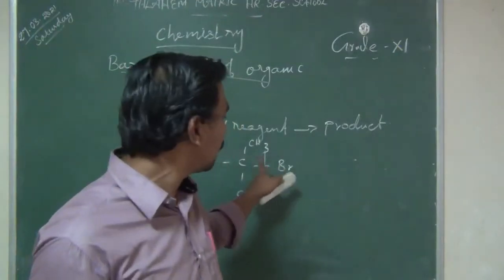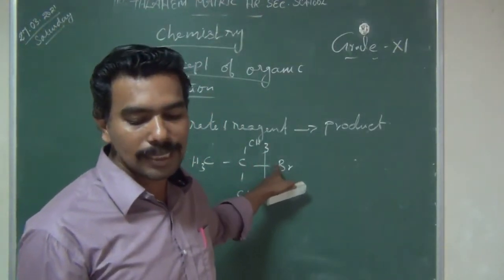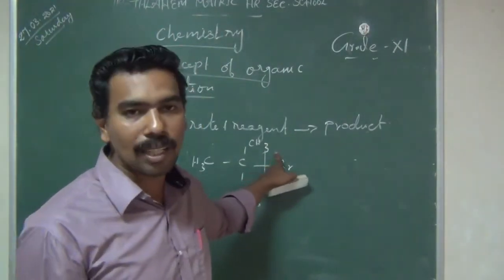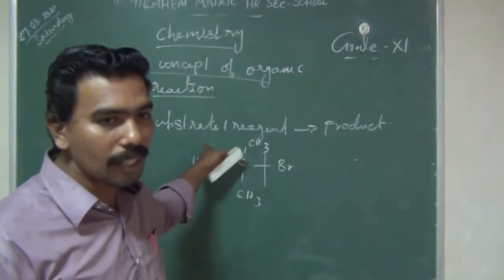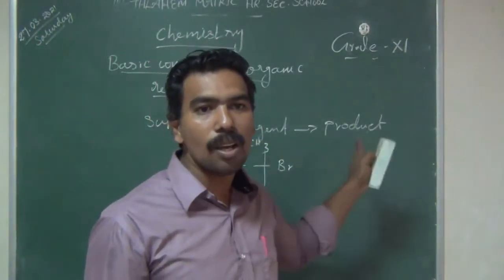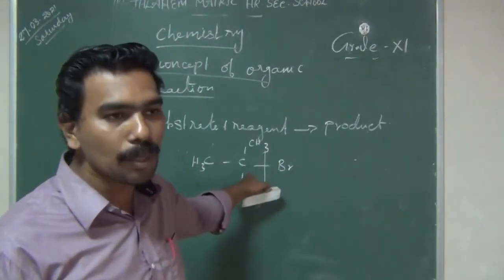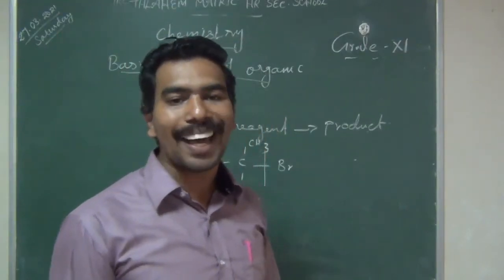Both sides are not equal. This is non-symmetrical. This is heterolytic cleavage. Here bromine is a highly electronegative element. In the earlier case, both carbons retained one electron each, but here it is not like that. The bromine gains and retains the pair of electrons.